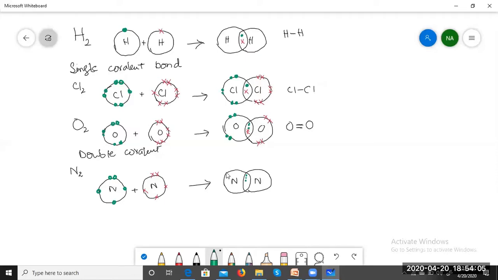So these 2 will remain out of that overlapped area, right? The same will be done with the next nitrogen atom. So 3 crosses are on the overlapped area, and 2 are out of that overlapped area. That is how the nitrogen molecule will be developed.